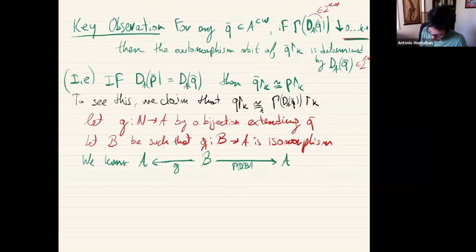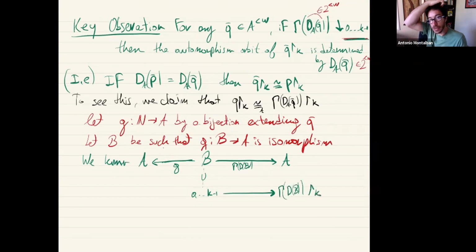Now, if you take the tuple 0 to k minus 1, this is a tuple that belongs to here. If we apply gamma, this is going to go to gamma of the diagram of B up to k, the first k bits of that. That's the tuple that corresponds to it.